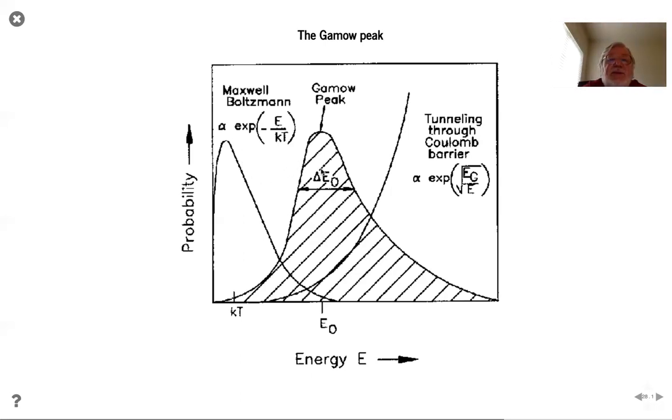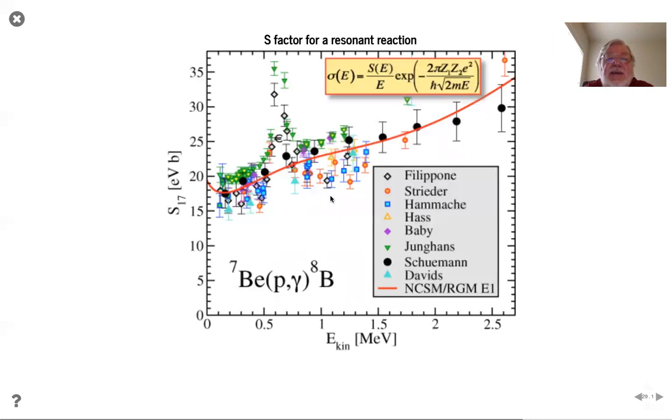A fortunate situation for a thermonuclear reaction occurs when the Gamma peak energy coincides with an energy resonance in a given nuclear reaction. This is shown here. For instance, take one of the nuclear reactions from the pp chains, beryllium-7 (p,gamma) boron-8. This is its cross section, with experimental data points.